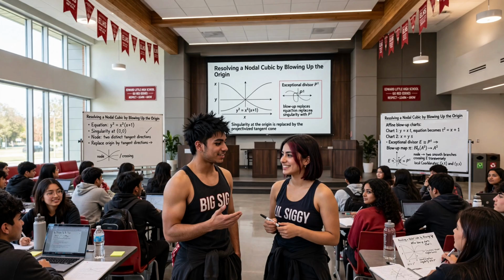Let me make sure I'm picturing this correctly. We're swapping out a dimensionless dot for an entire line. We are. The space P1 represents the one-dimensional projective space. Okay. For the sake of visualizing this, you can think of the points on this exceptional divisor as representing a catalog of all possible slopes. All possible directions. Exactly. All possible directions of lines that could ever pass through the origin.